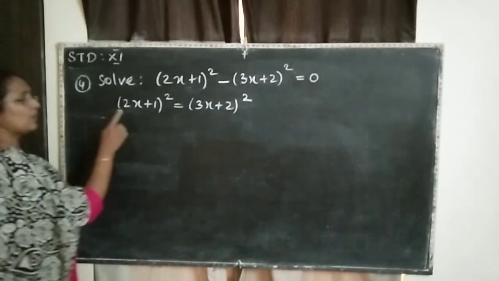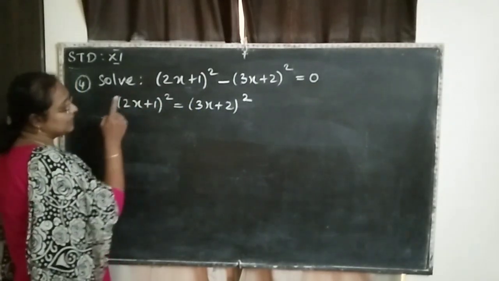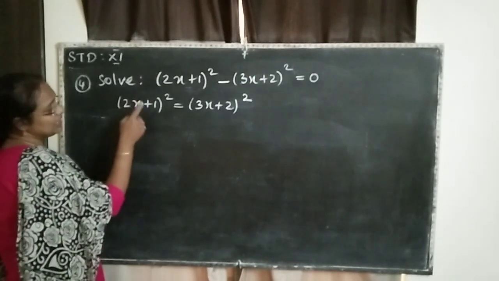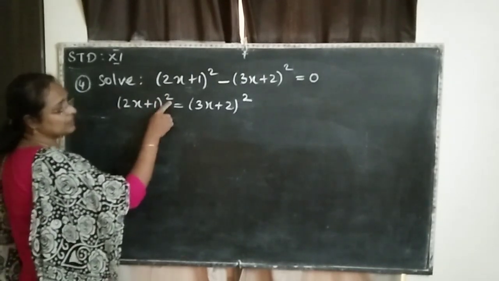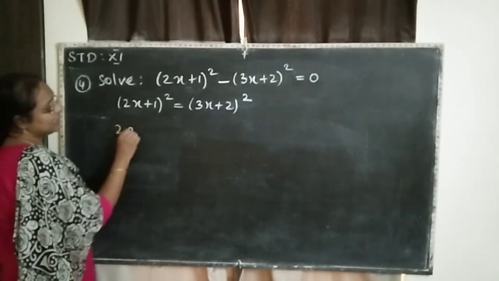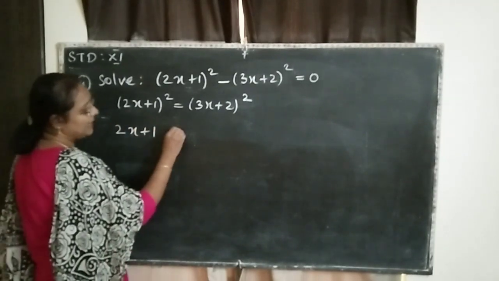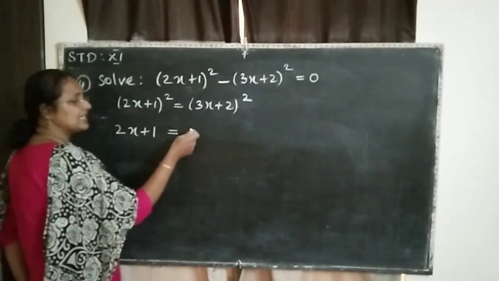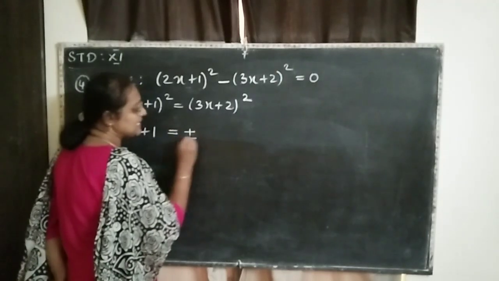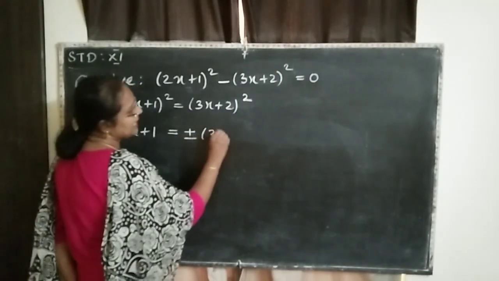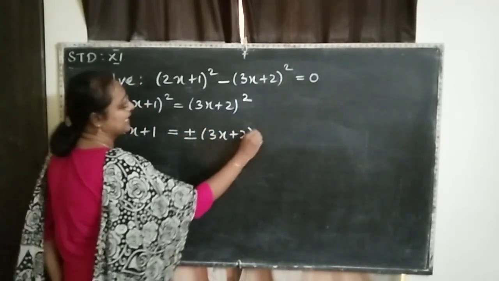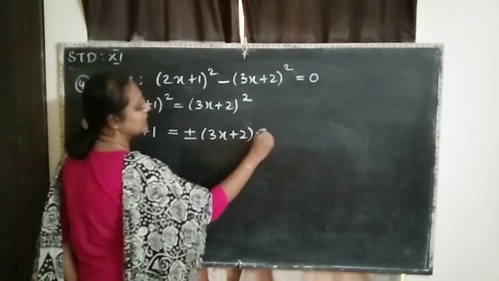So I am going to take square root on both sides. On the LHS, the square root and the square get cancelled, so I get 2x plus 1. Whereas on the RHS, I have to introduce plus or minus (3x plus 2). You should be very careful in this step. Is it clear for you?